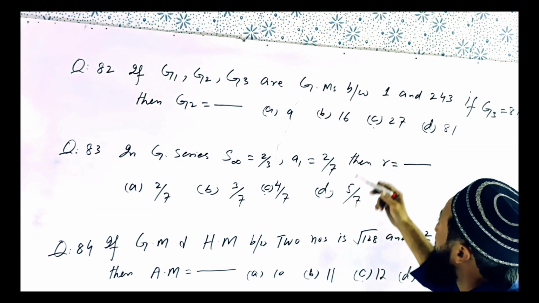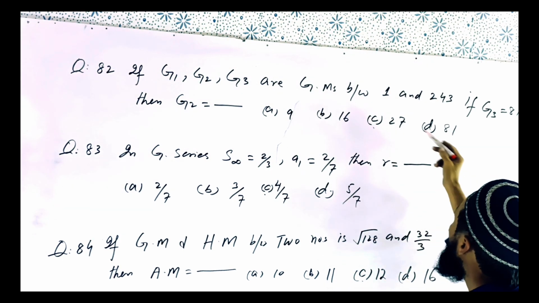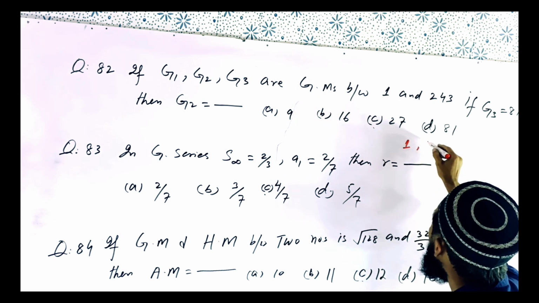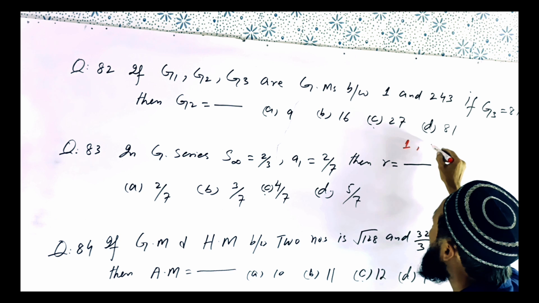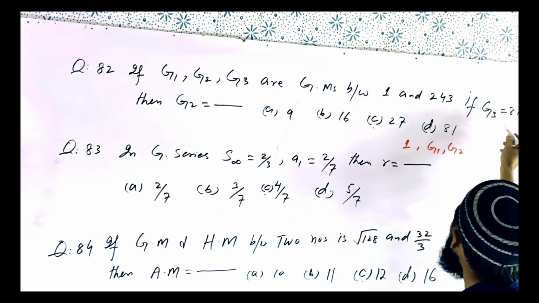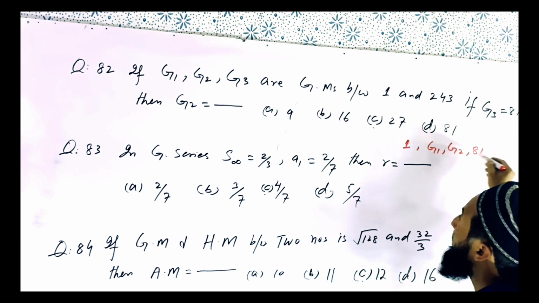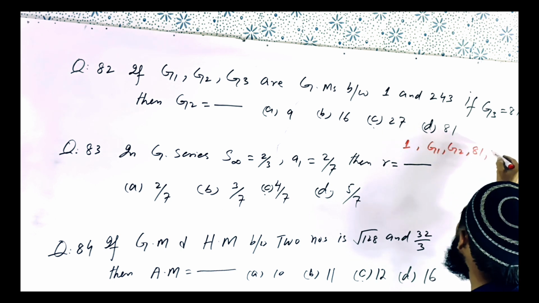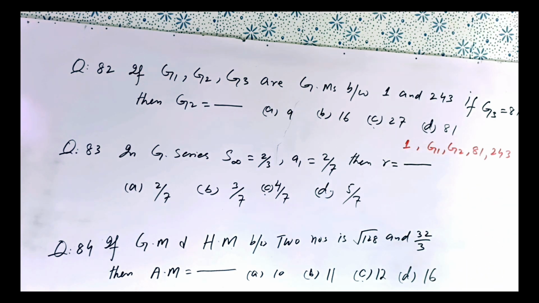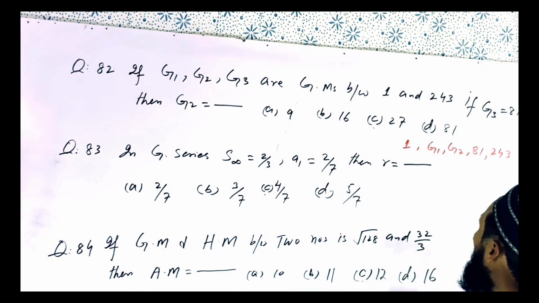The terms are 1, G1, G2, G3 and 243, where G3 is given as 81 and the fourth term is 243. So what is G2? That is required here.